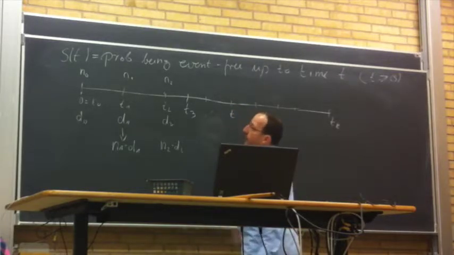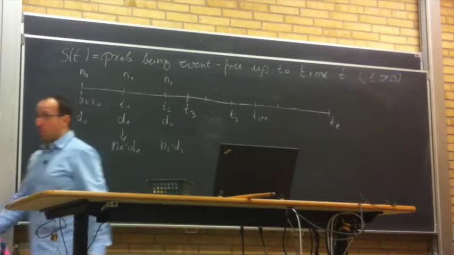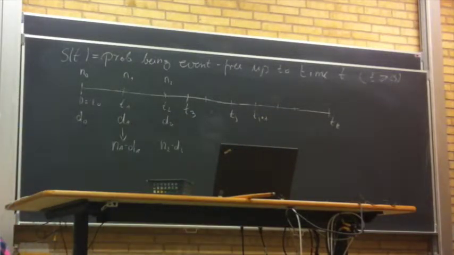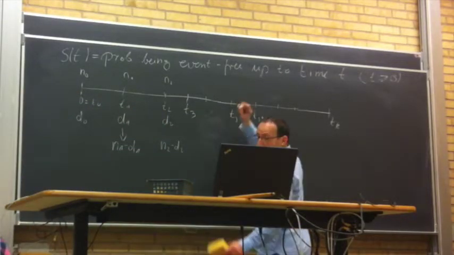So we are at tj and tj plus 1. We look at the conditional probability that the event of interest occurs during this time interval.